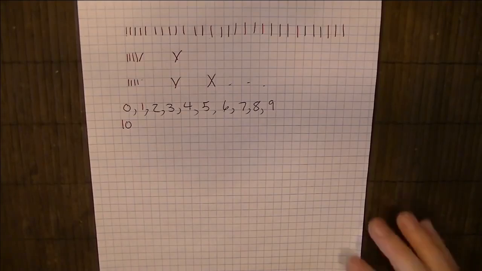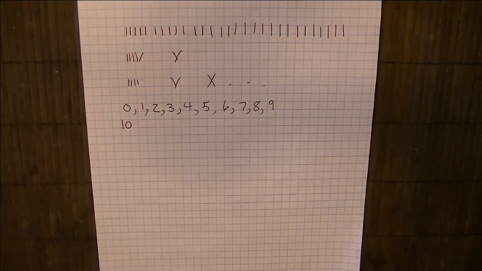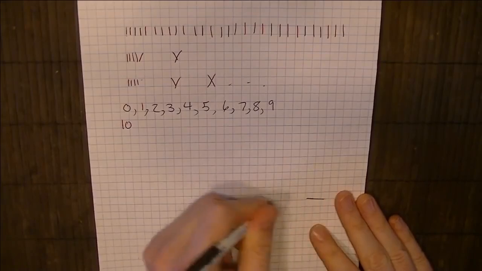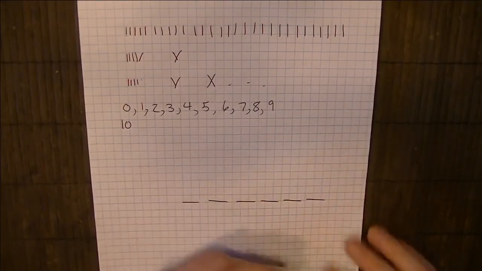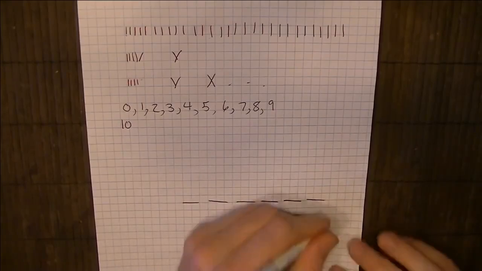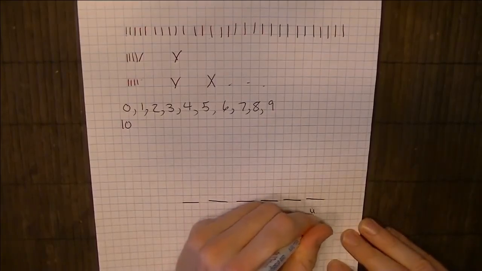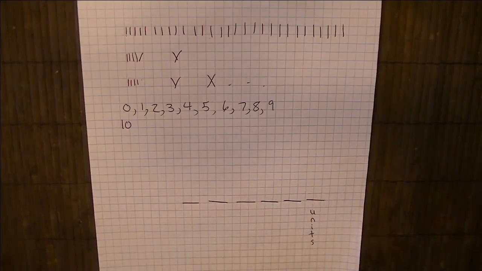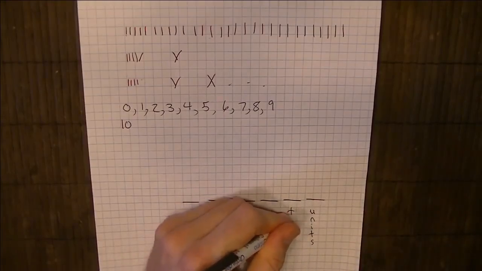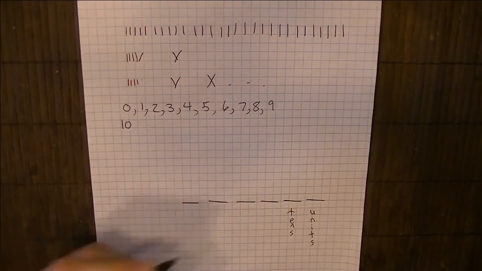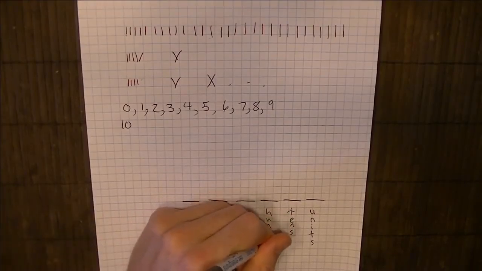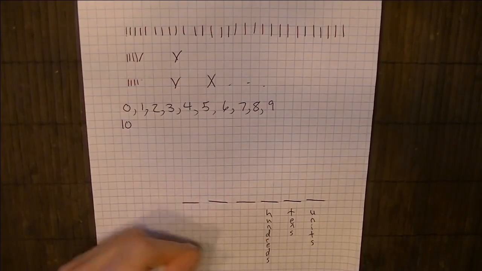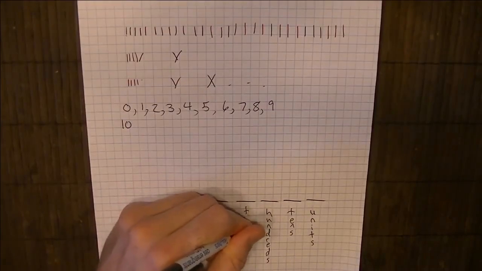What ends up happening is numbers get broken up into different columns. We'll have the first column, which is the units column. And then we could have the tens column, and then the hundreds, the thousands.